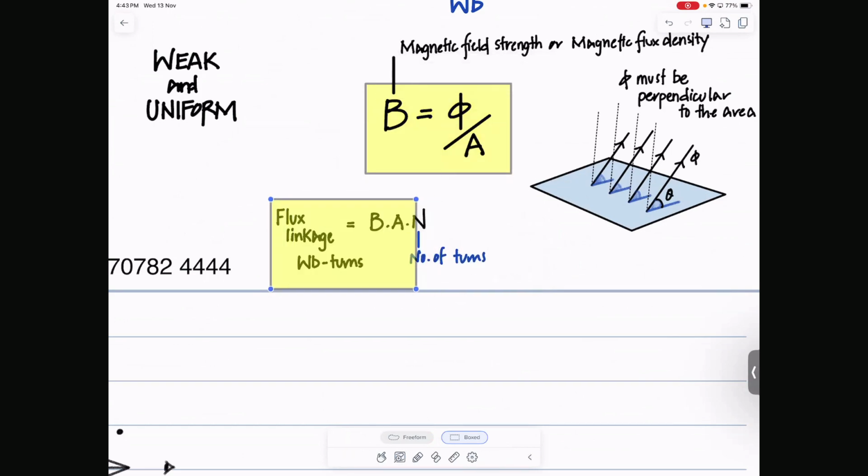Now, why do we mostly use flux linkage rather than flux in our calculation? Because just a single flux is so negligible, you wouldn't notice anything. If I have just one individual magnetic field line somewhere, it is barely anything. What's an example of that? The Earth. The Earth's magnetic field is extremely weak. It's so weak that your compass barely reacts to it.